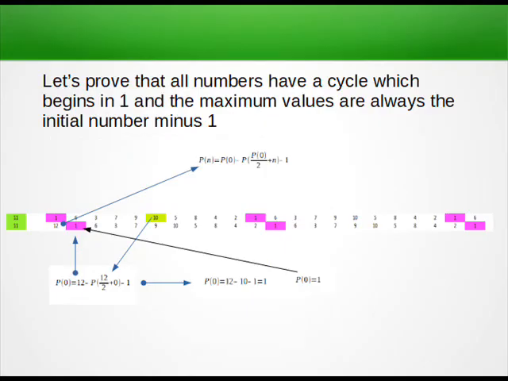Let's prove that all numbers have a cycle which begins in 1, and the maximum values are always the initial number minus 1. So for example, the second line begins with the number 12 and the first with the number 1. The first iteration of the first line equals the second iteration of the second line.